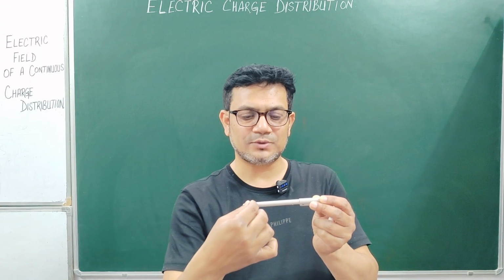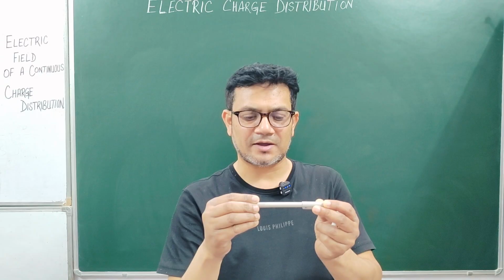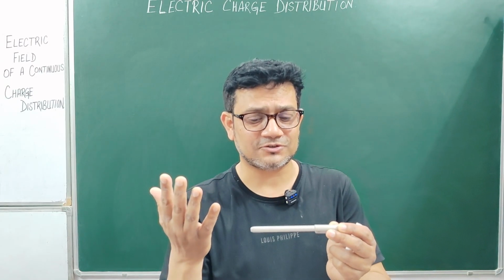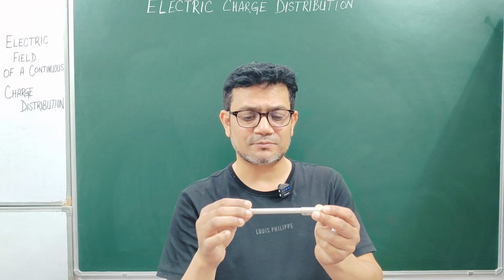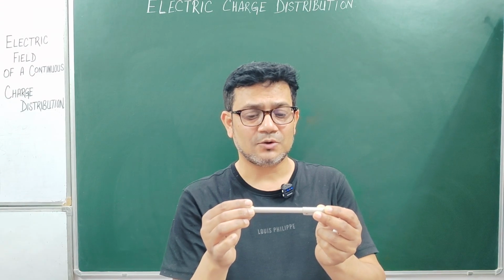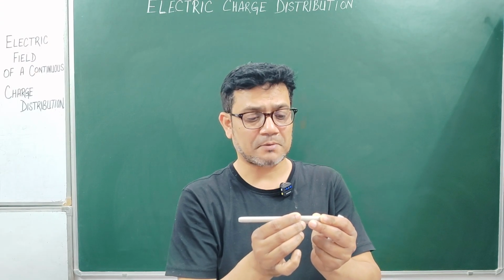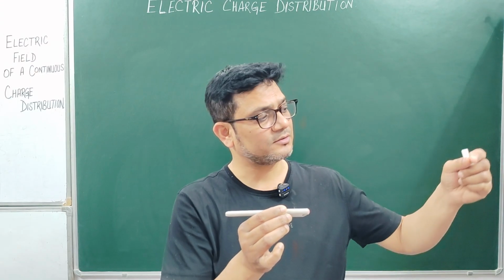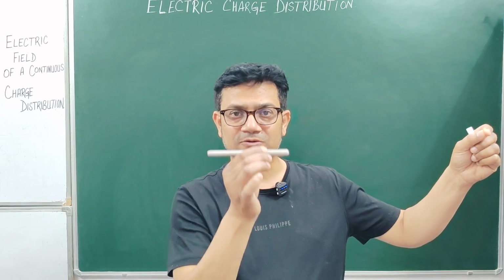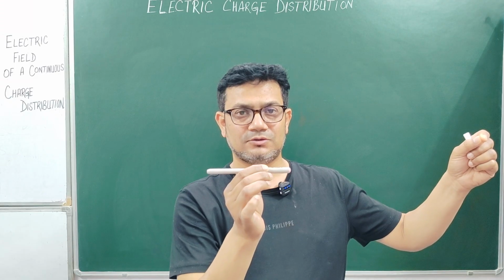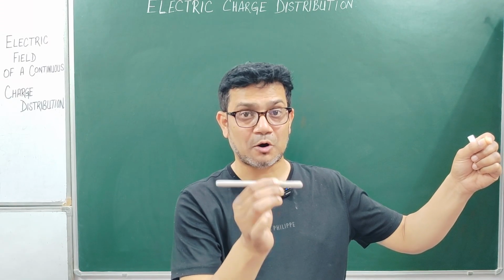If I try to break this into particles of your imagination, those charged particles are very closely packed, so we can neglect the distances between them. But we want to find the electric field at a point because of this linearly distributed body.